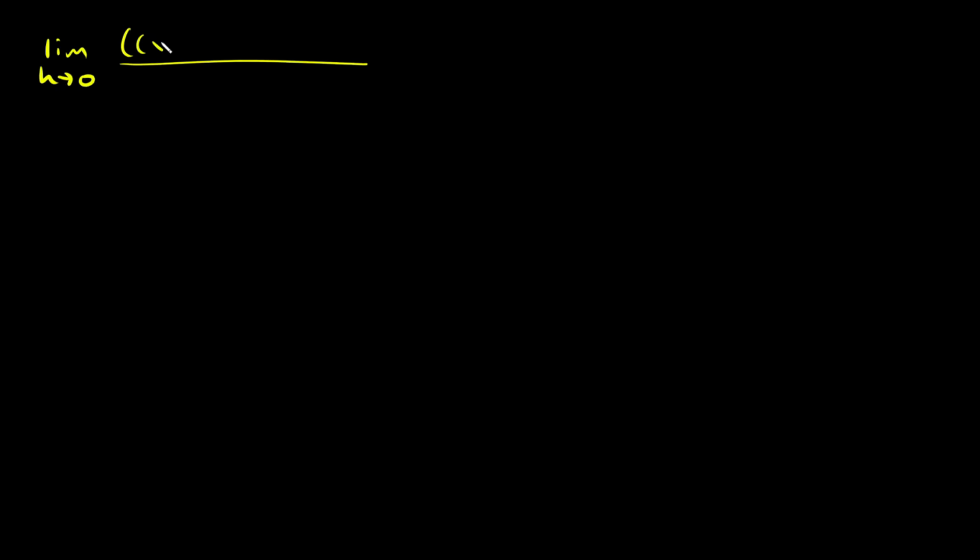Let's write this again. All right, let's just write this again. Plus 1 here minus x to the power of 2 minus 1 divided by h. We get 2x.